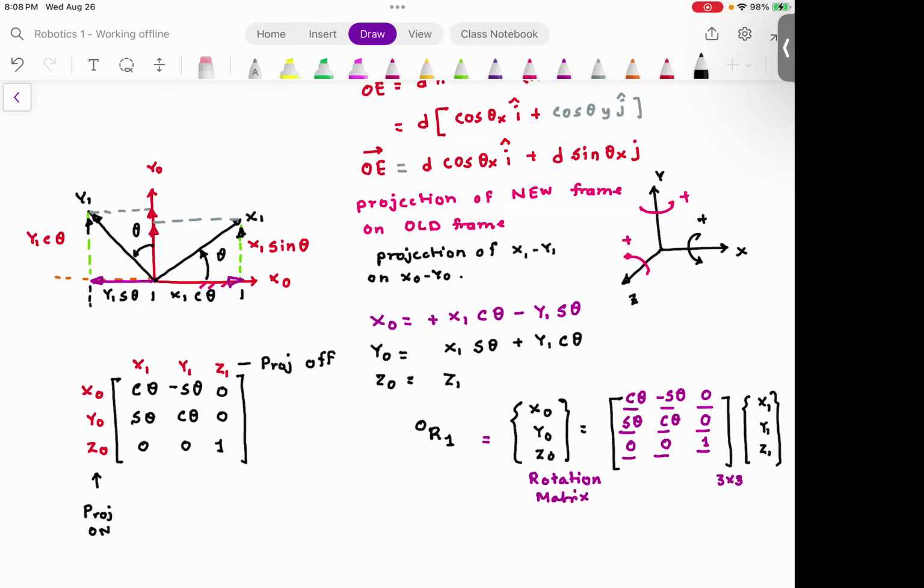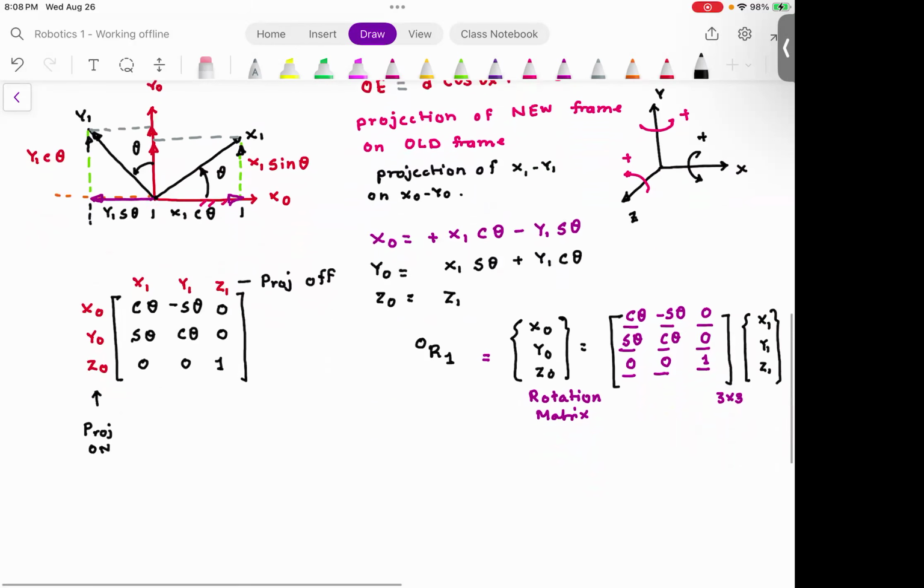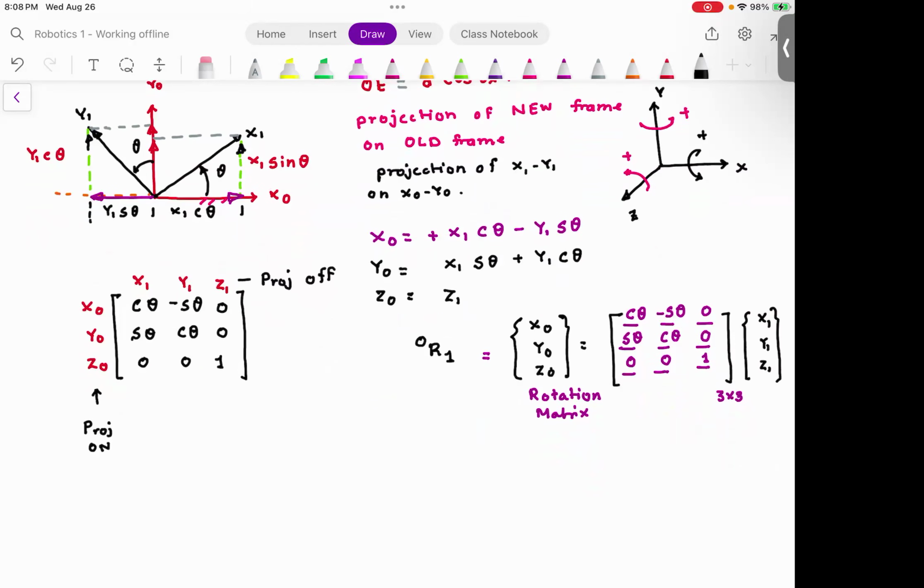I want you in the quiz to derive the rotation matrix when the rotation is about Y and about X. Everyone understood this? There are 3 ways you can derive this, and I will let you figure out the best way to find the rotations.